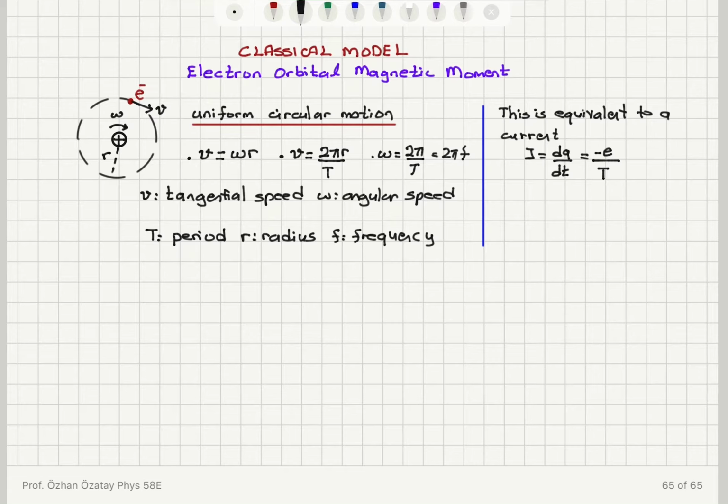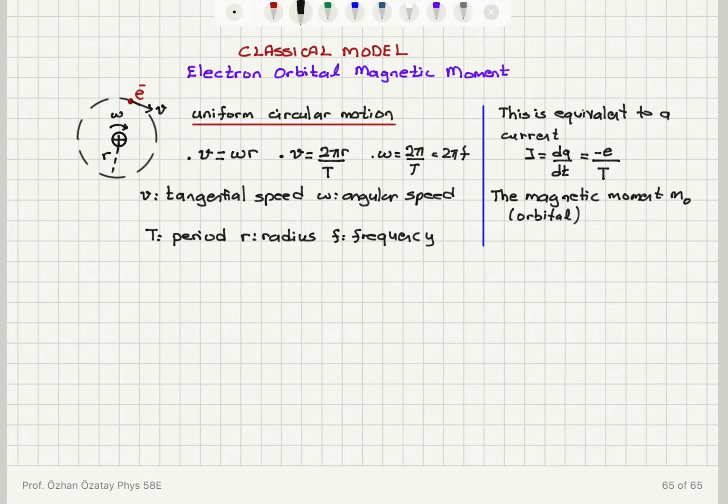And then the magnetic moment that this is going to create, the magnetic moment m, using our SI picture, let's call this orbital magnetic moment, so it is m sub o. That is basically the orbital contribution.